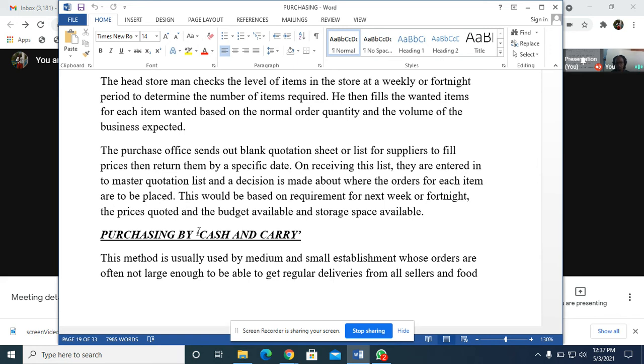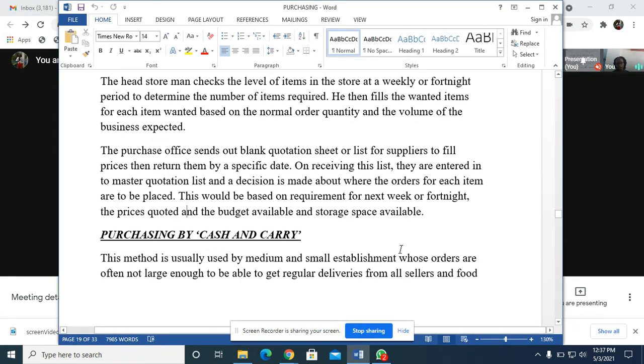A decision is made on who has listed the best prices and who has listed the best quality of the commodities. This would be based on the requirements for the next week or fortnight, the prices quoted, the budget available and the storage space available.